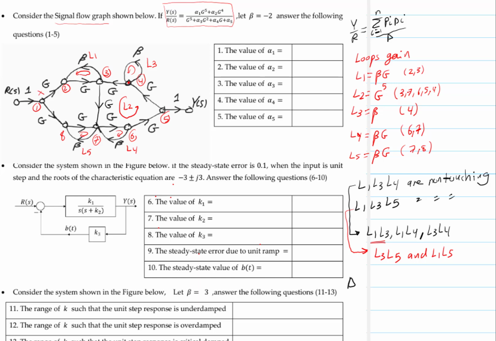Delta will equal 1 minus the summation of all loops.